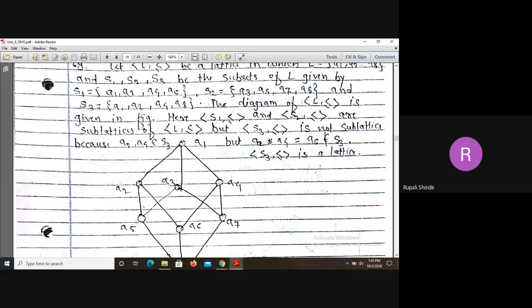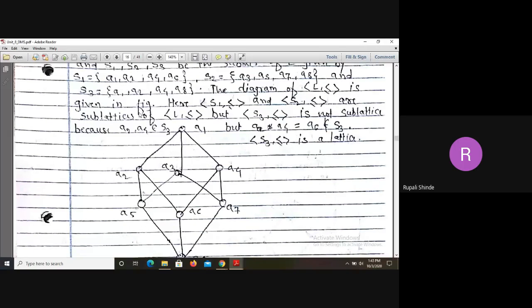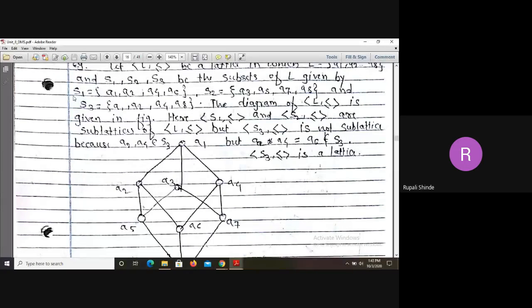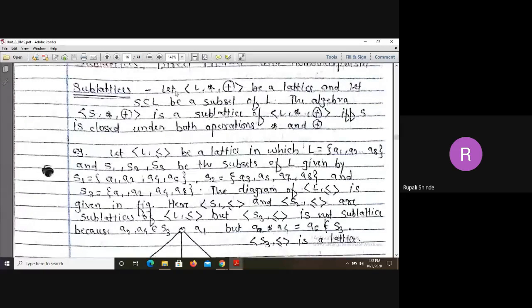First I will tell you how to check whether a given set is a sublattice or not. For that, first consider the first set S1. What are the elements of S1? A1, A2, A4, A6. Now we have seen in the definition of sublattice, in order to be a sublattice, it should be closed under operations star and XOR.